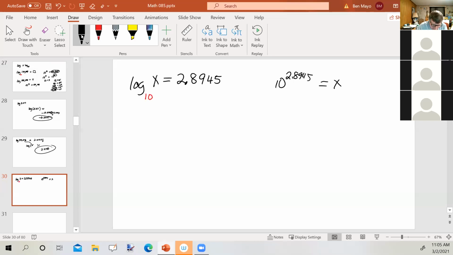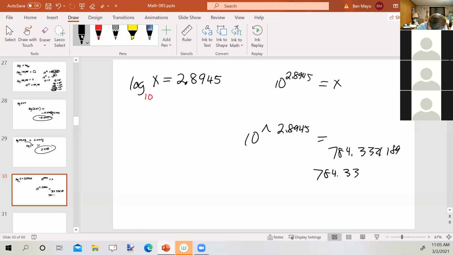I can just use a plain old 10, then the little power key that looks like that, and then put in 2.8945, push enter, and I get 784.3321189, which would be 784.3321, because going out 4 places, we'd get that. Okay, so I can do it that way.